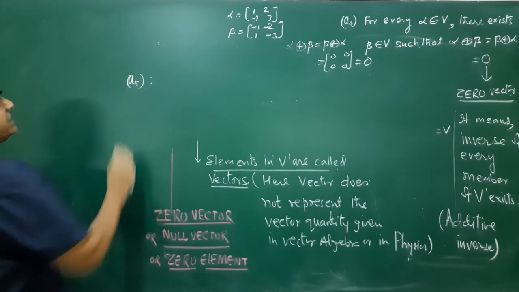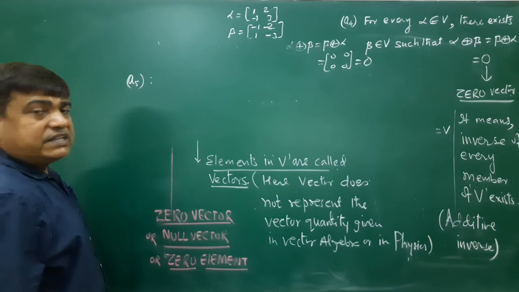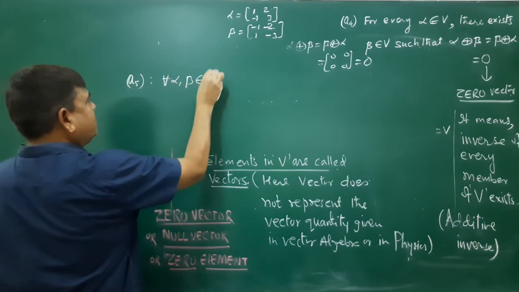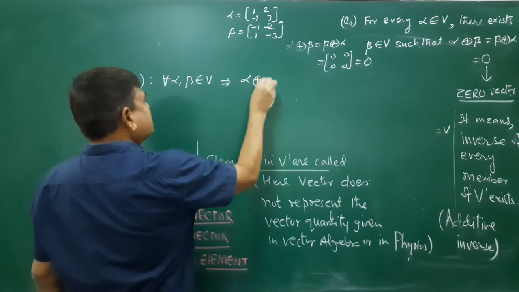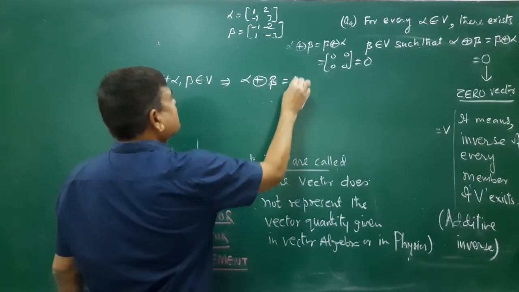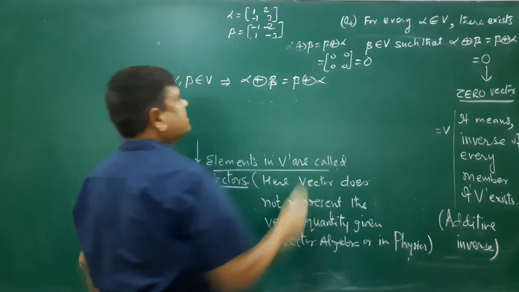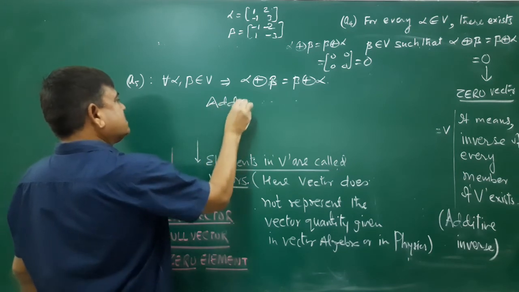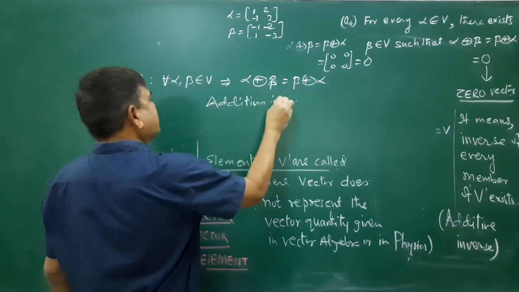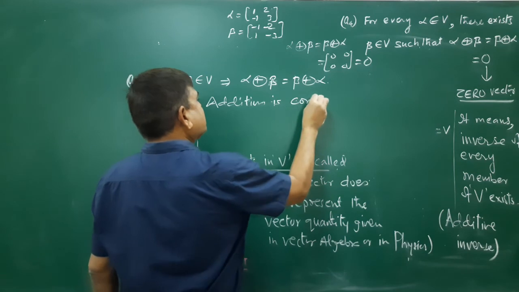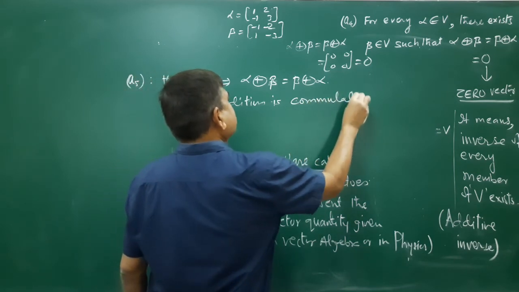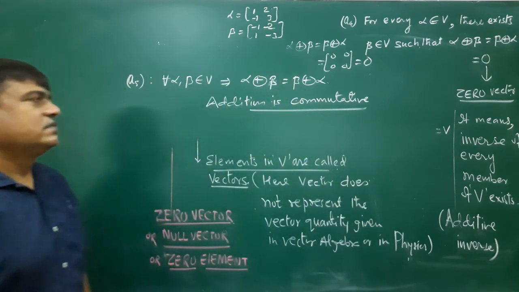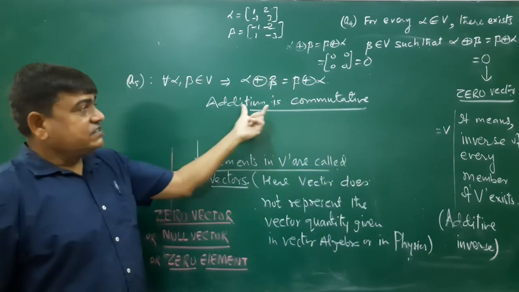Now I write the fifth property, E5. For all alpha, beta belonging to V, addition is commutative.